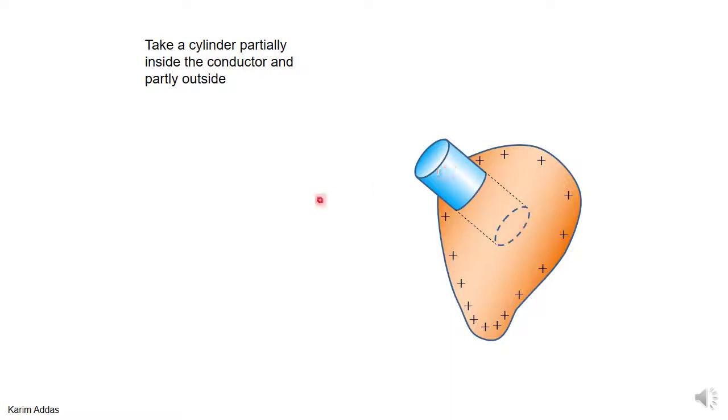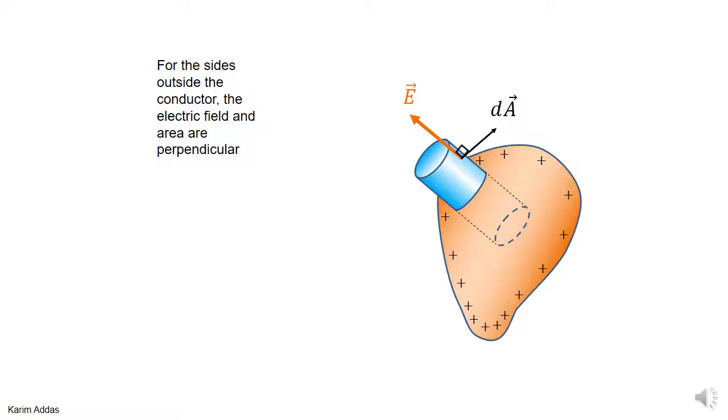It's perpendicular to the surface at that location, and half of it is inside the conductor and half of it is outside. We said the electric field has to be perpendicular to the surface.